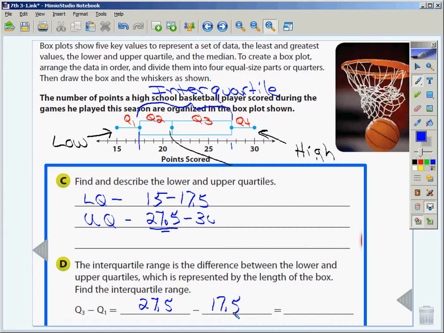What's the interquartile range? 10. In other words, 50% of that basketball team is within 10 points of each other. 5 baskets.